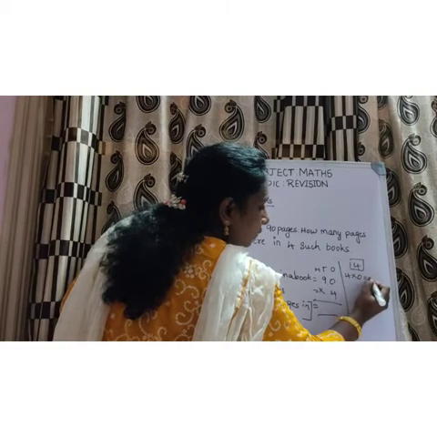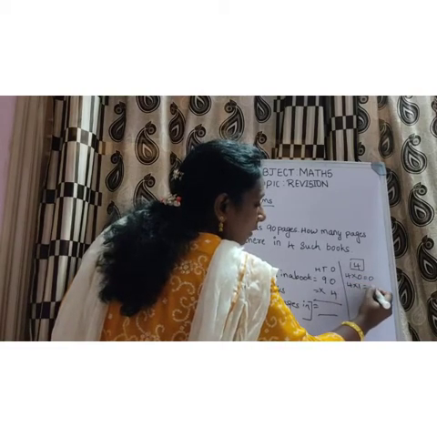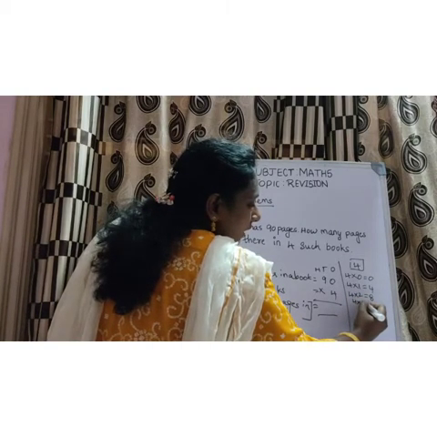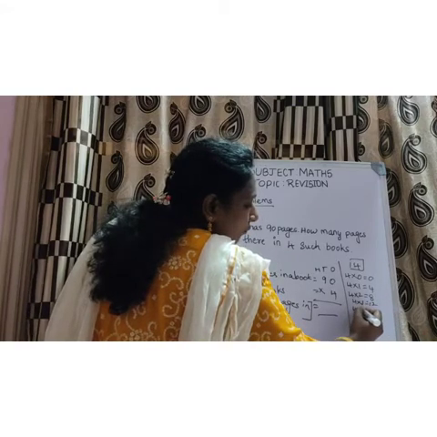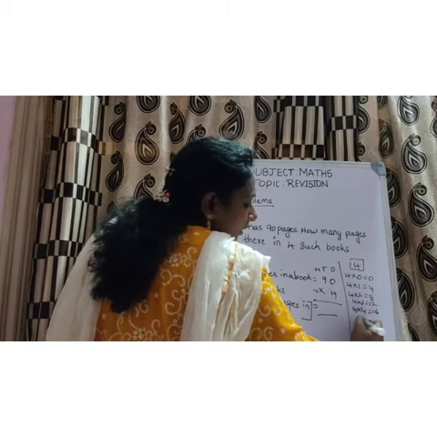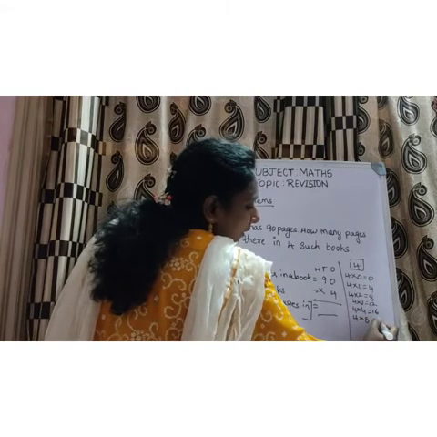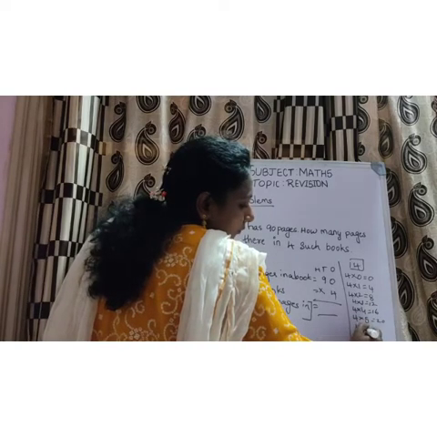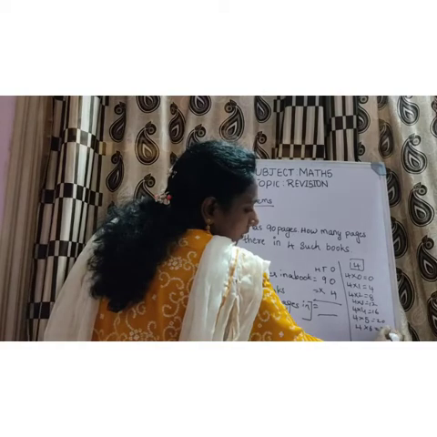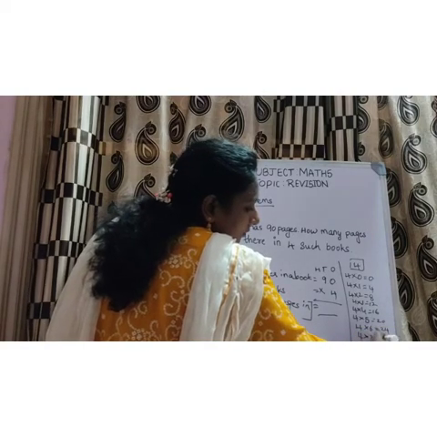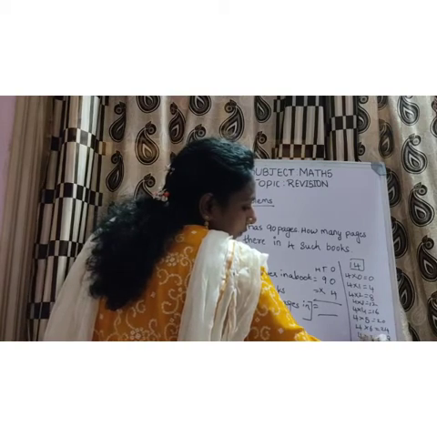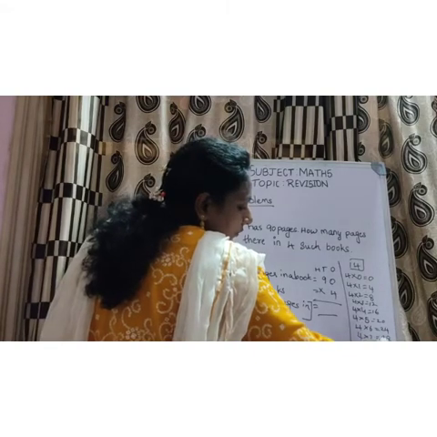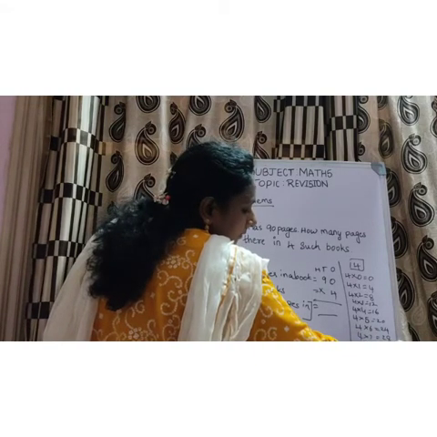So 4 zeros are 0, 4 ones are 4, 4 twos are 8, 4 threes are 12, 4 fours are 16, 4 fives are 20, 4 sixes are 24, 4 sevens are 28, 4 eights are 32, 4 nines are 36.